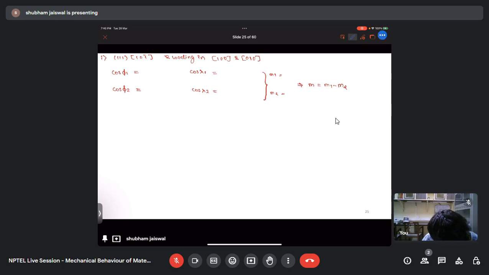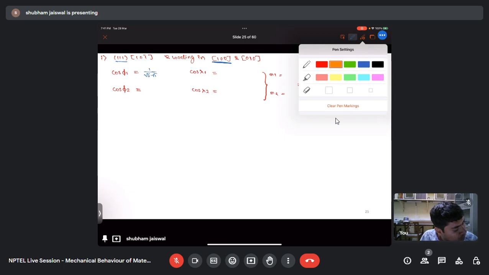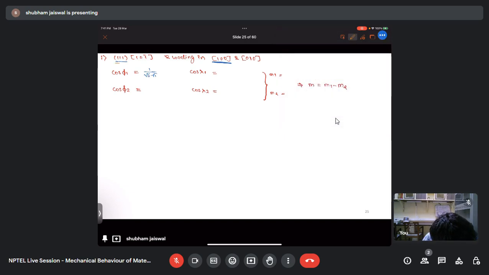So first, this is the angle between these two, and so the angle between these two, cos phi 1, here comes out to be 1 upon root 3 into root 1. Now we need the angle between this one and these two.